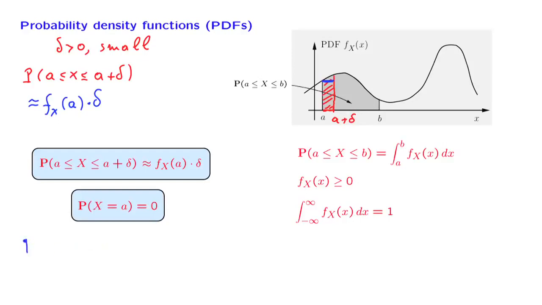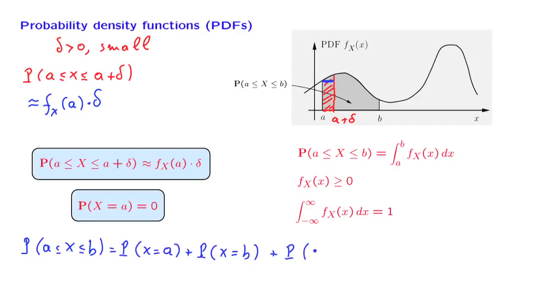And there is a final consequence of the fact that individual points have 0 probability. Using the additivity axiom, the probability that a random variable takes values inside a closed interval is equal to the probability that the random variable takes a value of a, plus the probability that it takes a value of b, plus the probability that it is strictly between a and b.